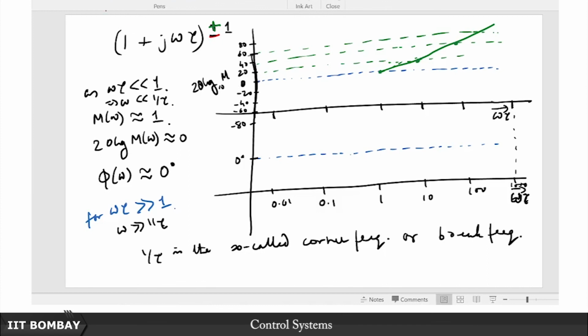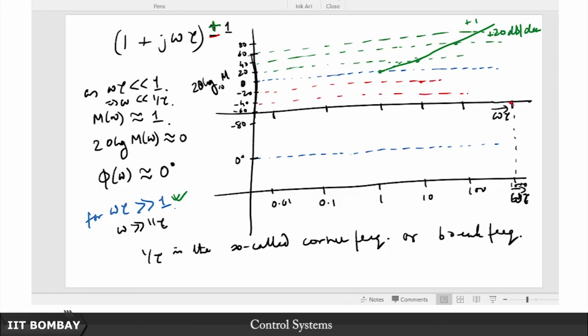And similarly this is for plus 1. So, this goes at plus 20 dB per decade, the high frequency asymptote corresponding to this case. And similarly, when it is minus 1, this is going to be minus 20 dB per decade, that is here, then we are going to be minus 40 dB per decade, that is here, and minus 60 dB per decade, that is here.